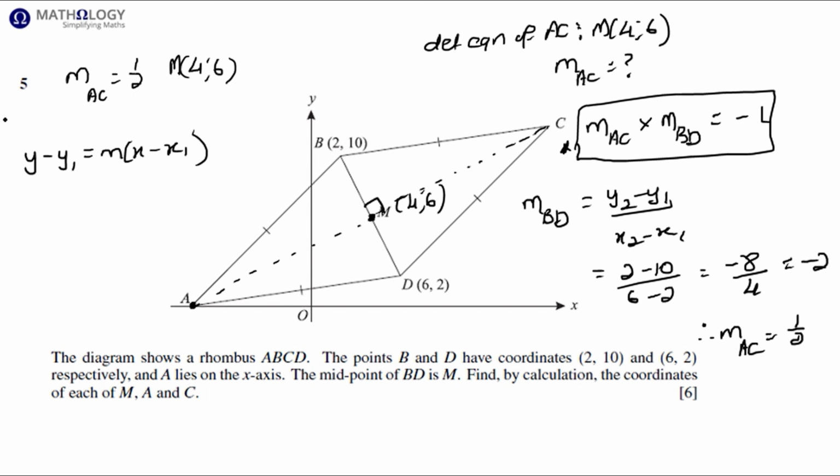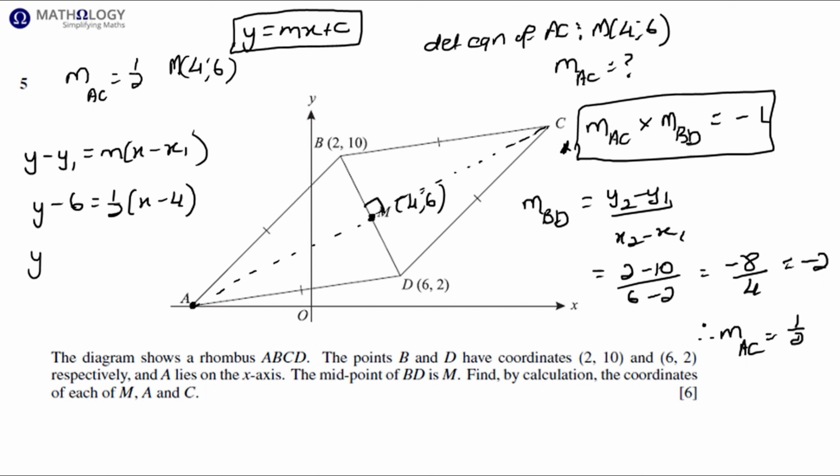using y minus y1 equals m times x minus x1. If you prefer, you can also use the equation y equals mx plus c. This just requires an additional substitution, and you're going to get the same equation regardless of which equation you use. So we'll have y minus 6 equals a half times (x minus 4), y equals a half x.